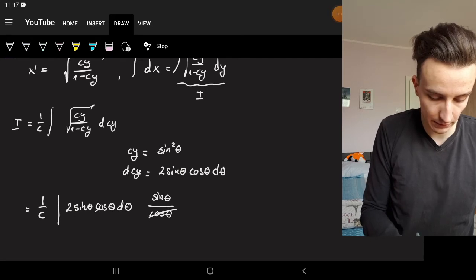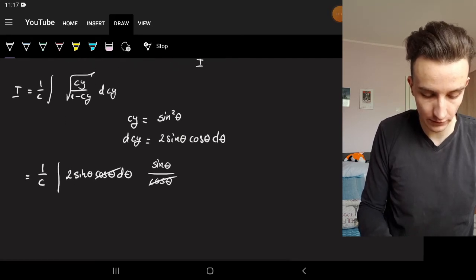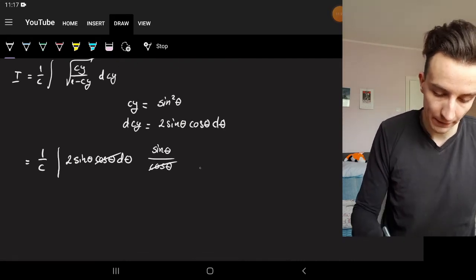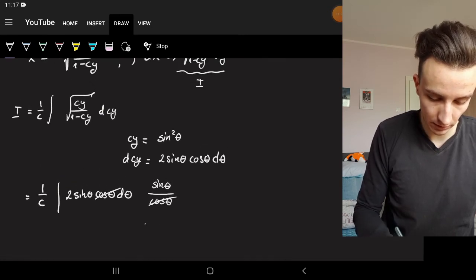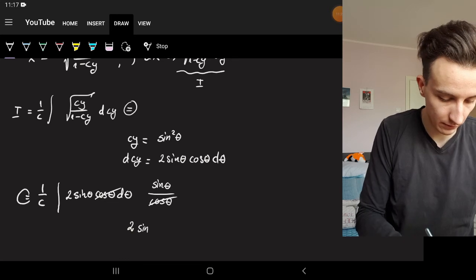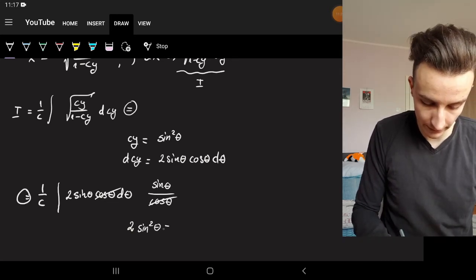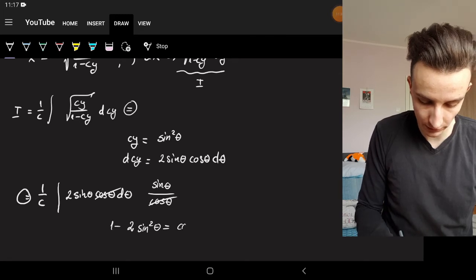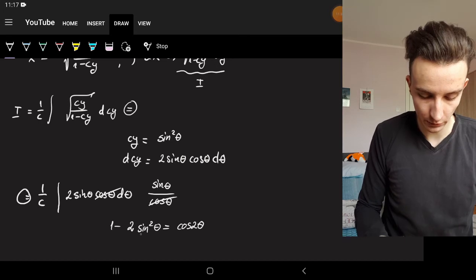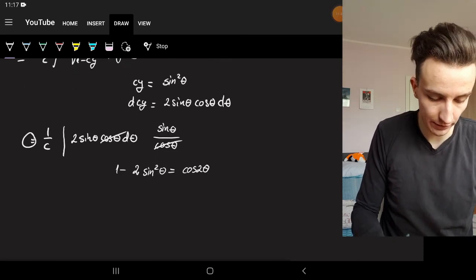So this part and this part die, and we have 2 sine squared theta. Now note that 2 sine squared theta is, well, 1 minus cosine 2 theta. So that means that 2 sine squared theta is 1 minus cosine 2 theta.